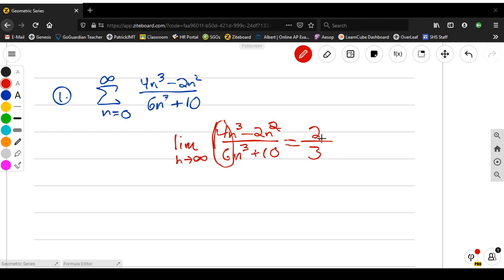That means as you go out, the terms might slow down, but they're not going to 0. If you go out far enough, it would look like 2/3 plus 2/3 plus 2/3 plus 2/3, meaning it's never going to stop anywhere. So because this does not equal 0, this is going to diverge.